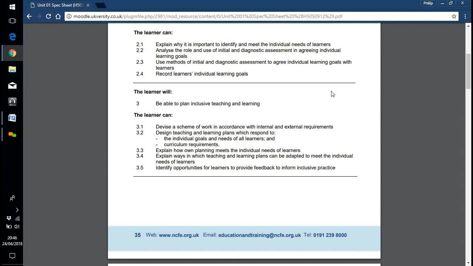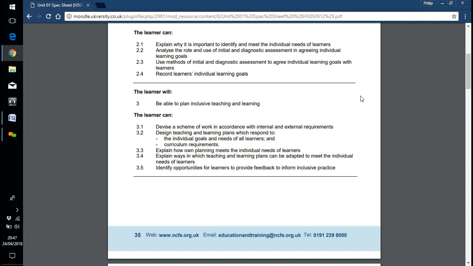Can I ask, for 3.4, would that be, in your plan, you just put in the differentiated teaching? Yeah, it's explaining what you've actually done to include that particular learner in the normal class.